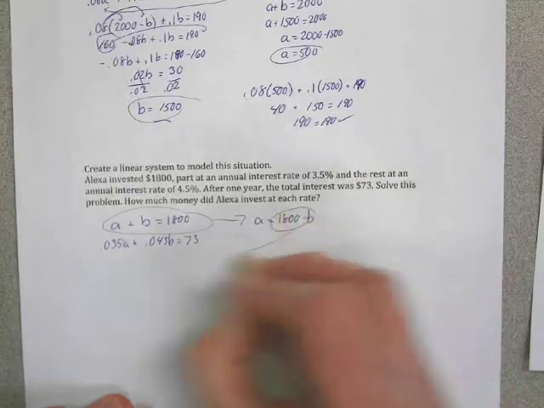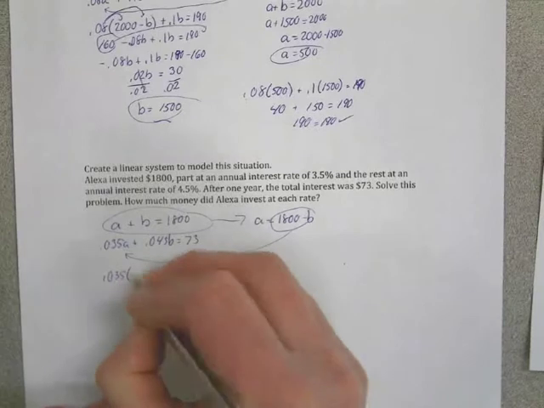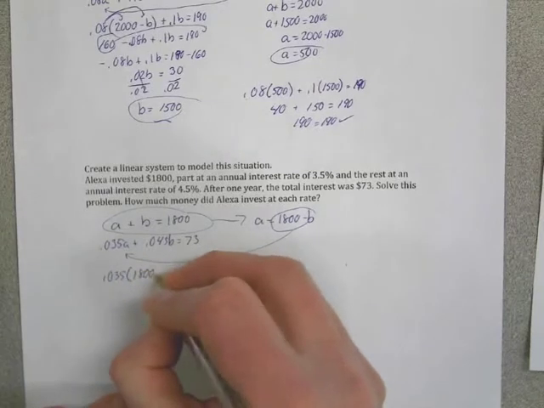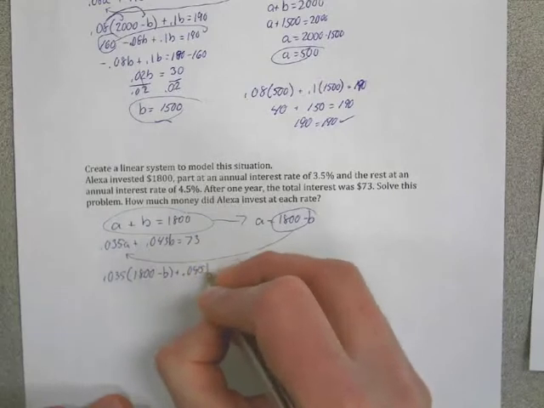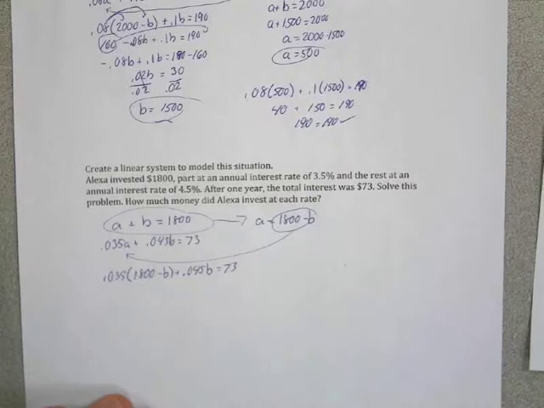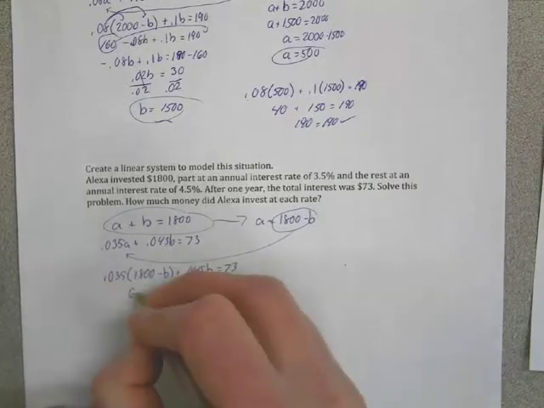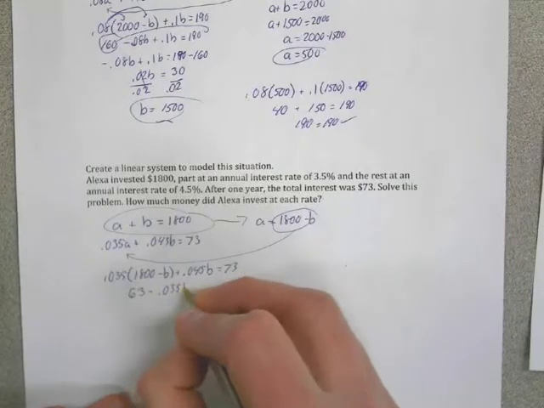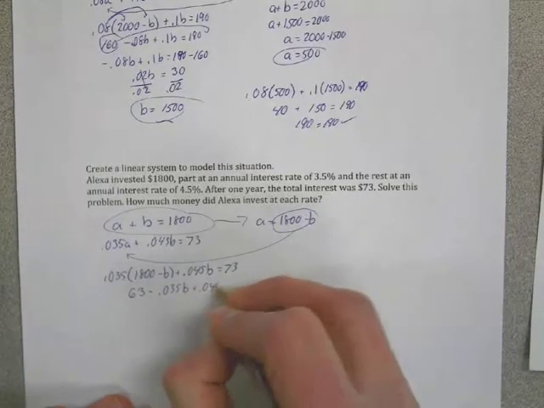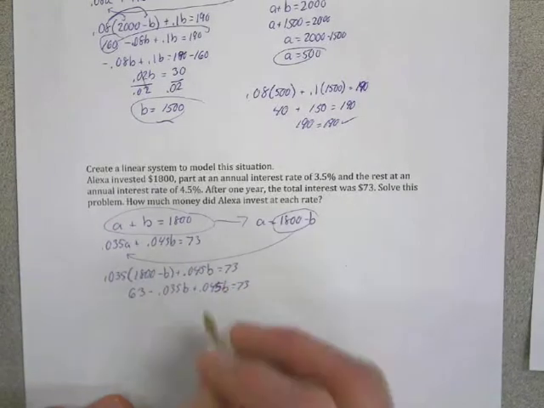I replace this with my A over here, so it's 0.035 times (1,800 minus B) plus 0.045B is equal to 73. 0.035 times 1,800 is 63, minus 0.035B plus 0.045B is equal to 73.